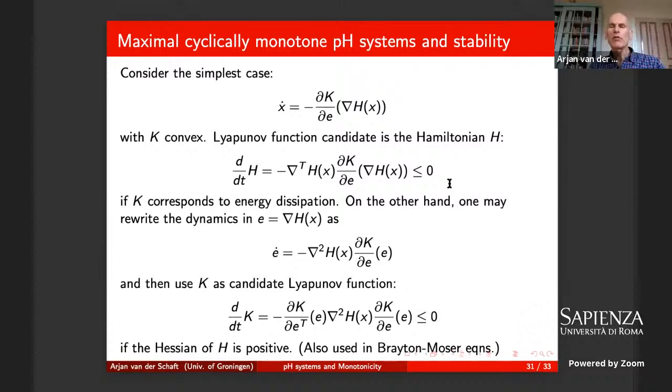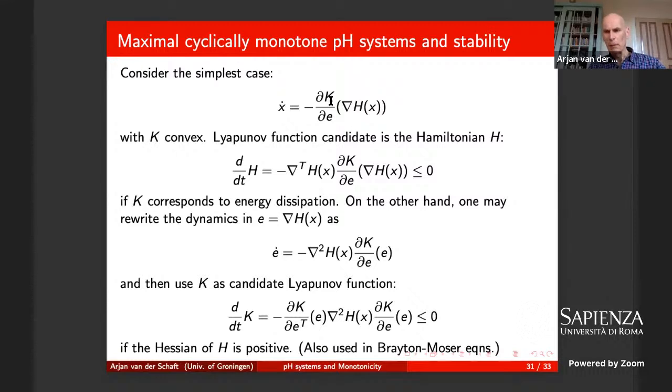So the simplest case, let's talk about that, is if you have a mass with momentum x, and then k corresponds to the Rayleigh dissipation function for the damper.